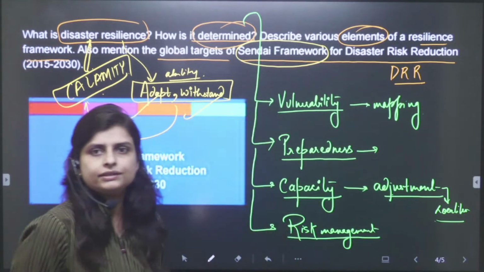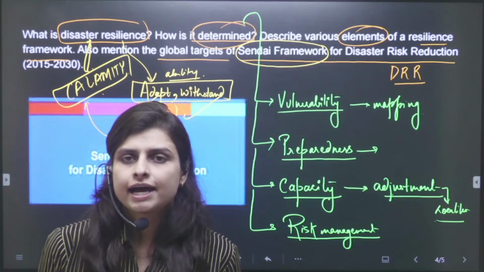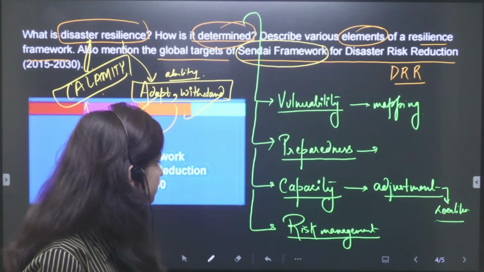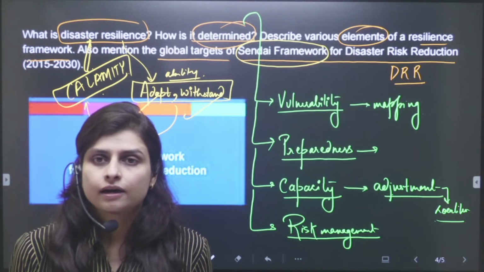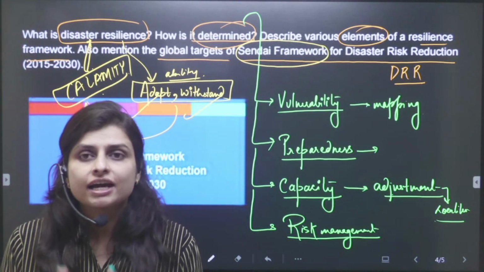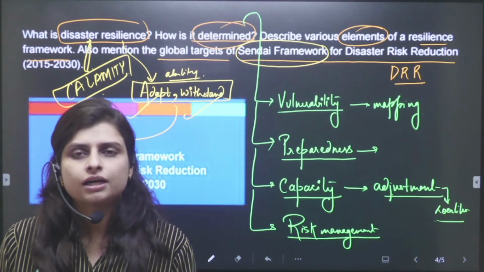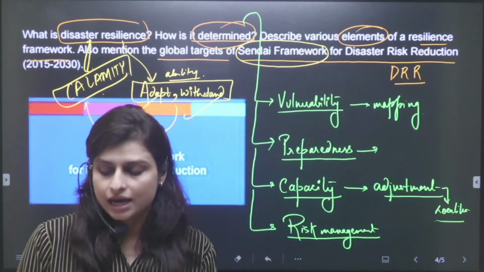That means I told you that we have loss of life, loss of property, loss of assets. So how is the risk management, that means to what limit of risk are we able to endure? That is another one.